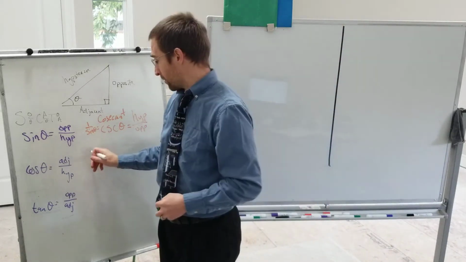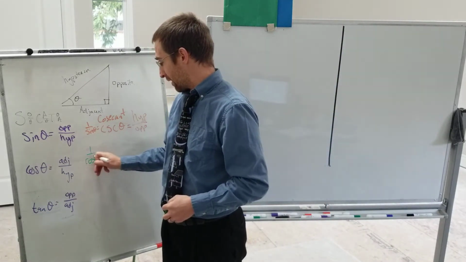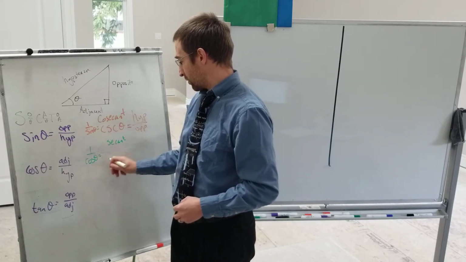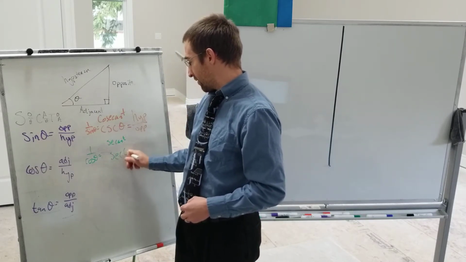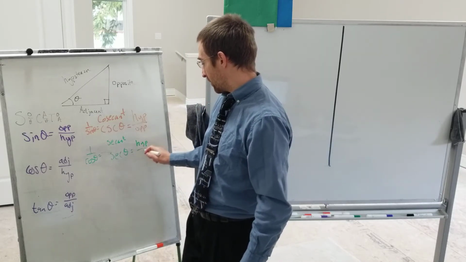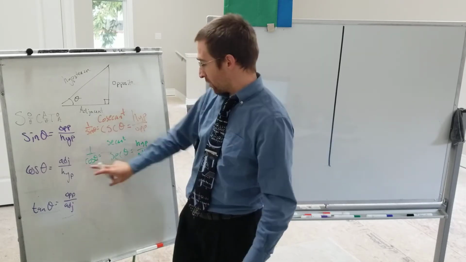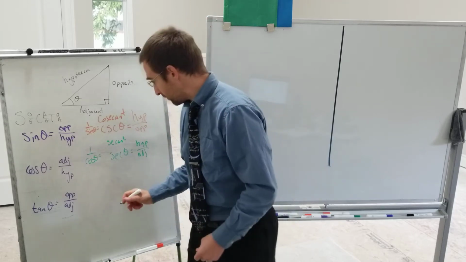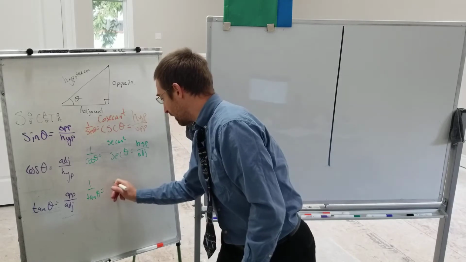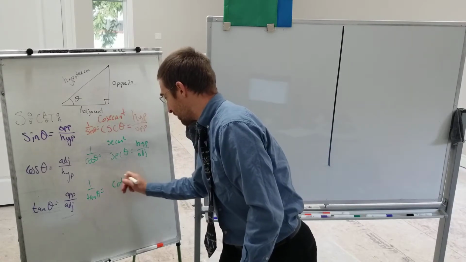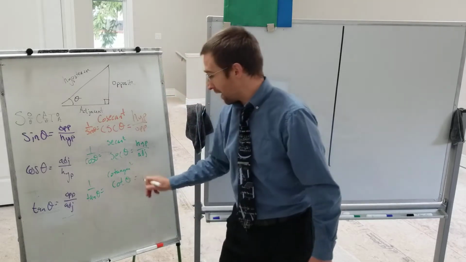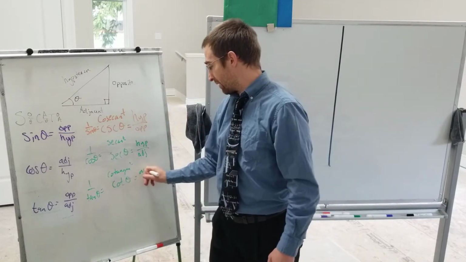The flip of the cosine, 1 over cosine theta, is secant, which we write as SEC of theta, and that is the hypotenuse over the adjacent. So you just flip the fraction. And 1 over tangent theta is what we call cotangent theta, cotangent. And that's adjacent over opposite.